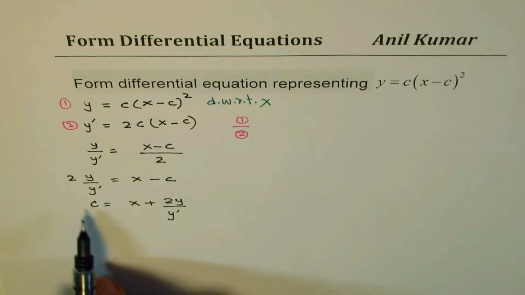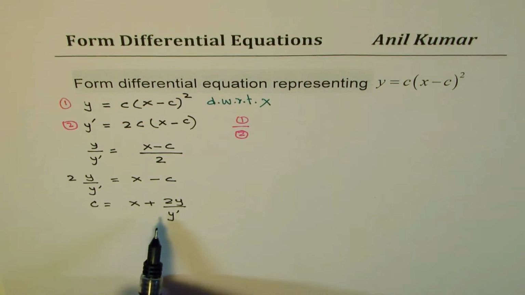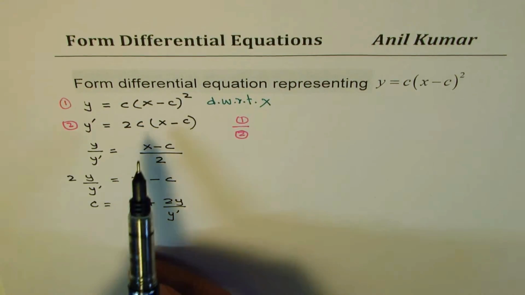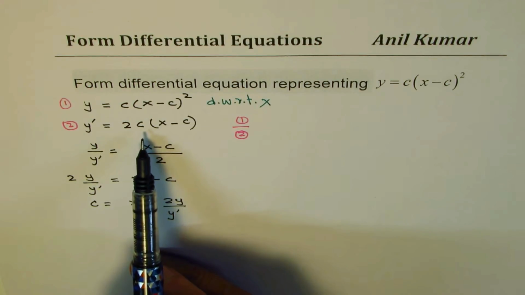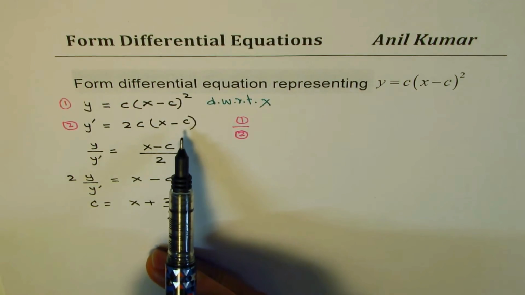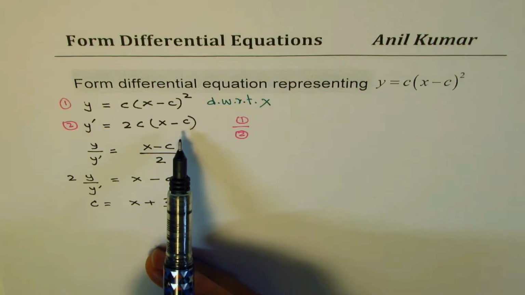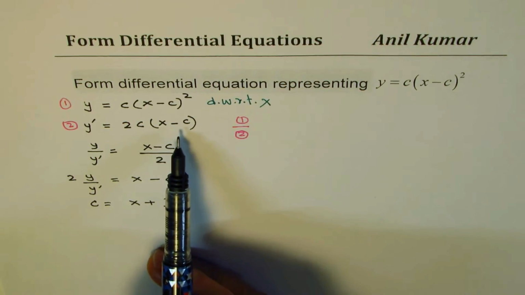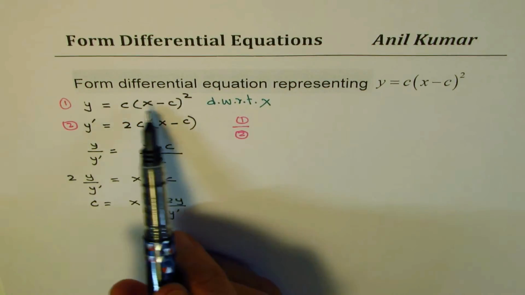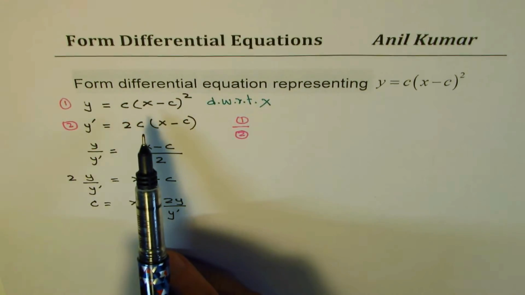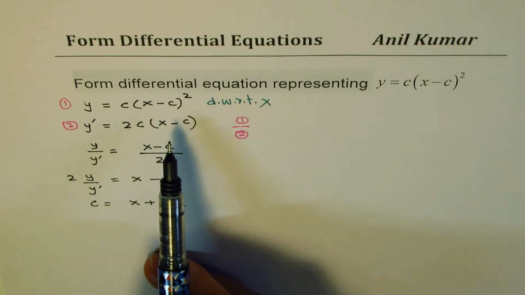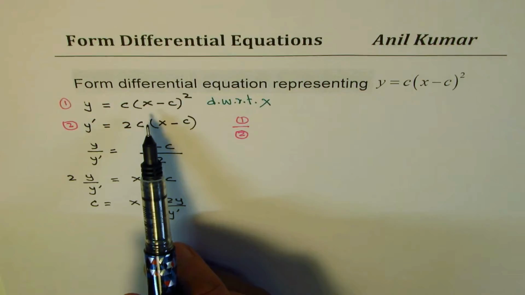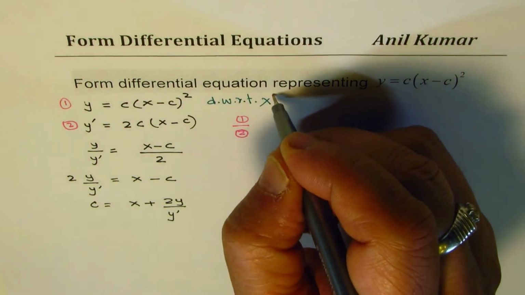So in a way, we know what c is, and this c can be substituted back into the equation, and that is how we can eliminate c from the whole equation. You get an idea. So this is the basic concept to work with.